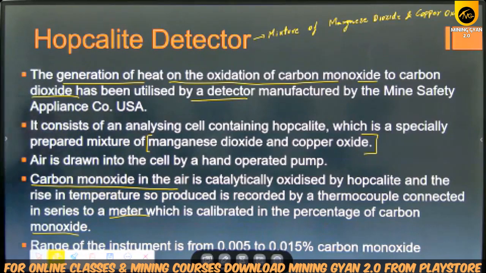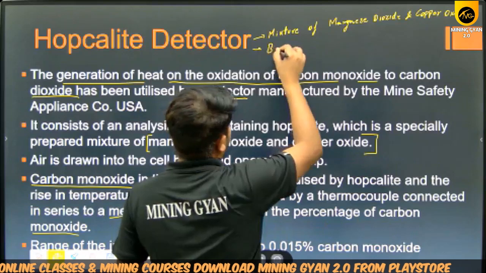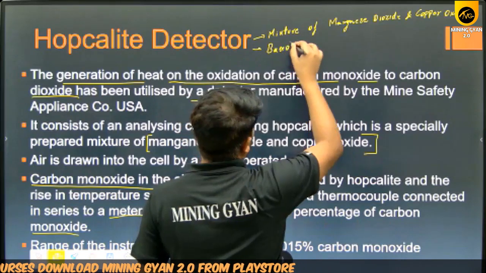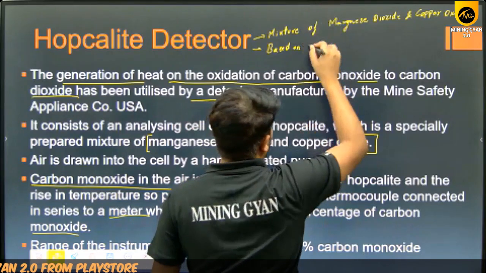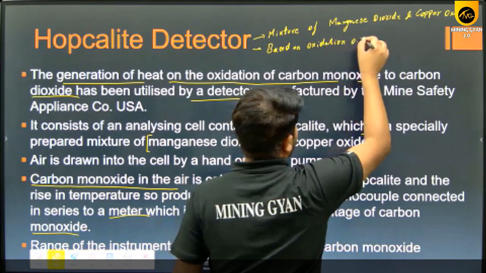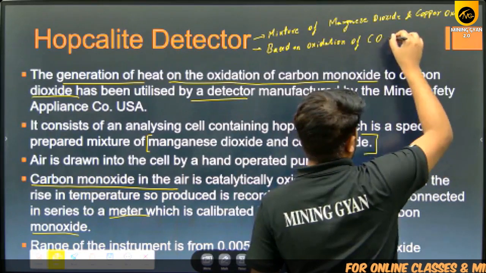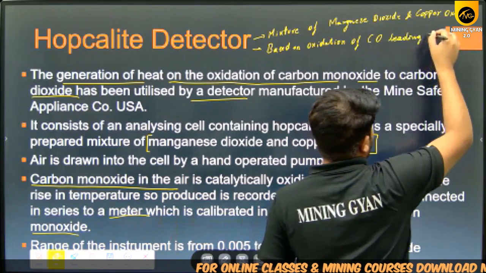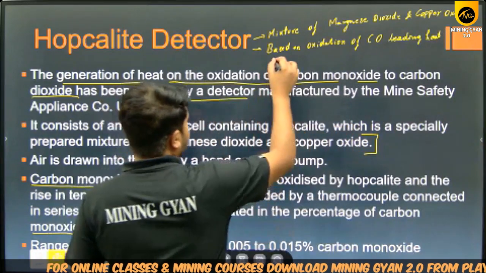OK, so you have to remember this thing. Basically you can write also: based on oxidation of CO leading to heat generation.